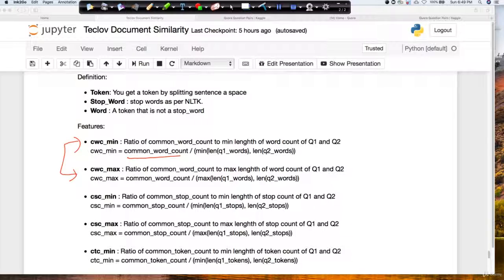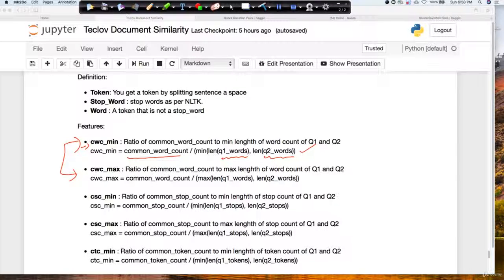So I take all the common words present in both, and here I'm talking about words, so I'm not considering the stop words. Then I divide by the minimum of the word length in Q1 and the word length in Q2. This defines my CWC underscore min, which is common word count, with the minimum.